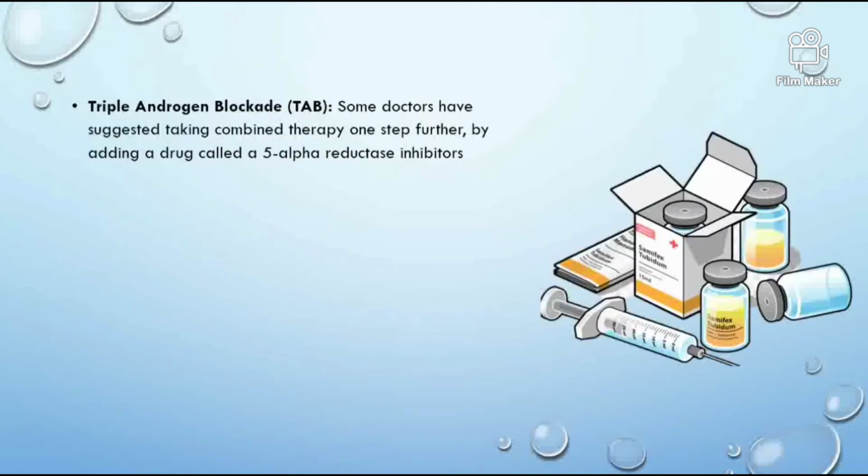Another is the triple androgen blockade, or TAB. Some doctors have suggested taking combined therapy one step further by adding a drug called a 5-alpha reductase inhibitor, such as finasteride or dutasteride, to a combined androgen blockade.